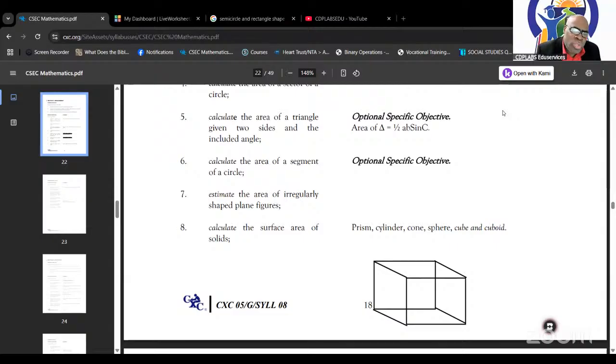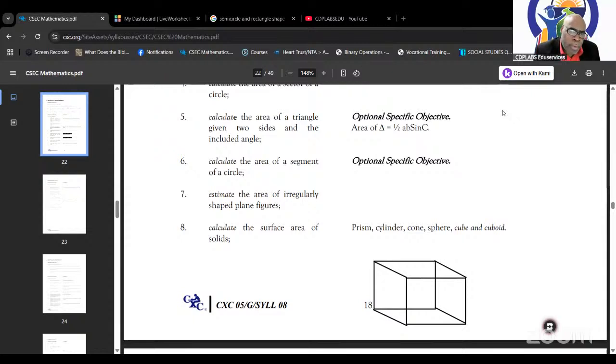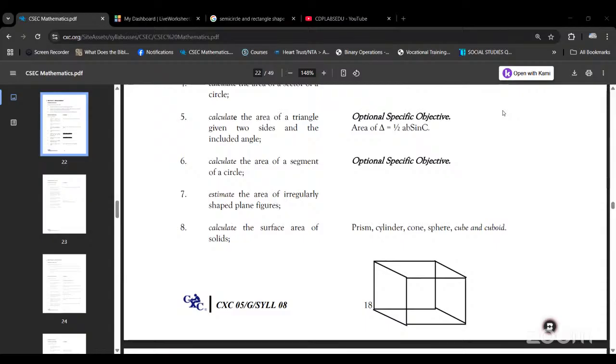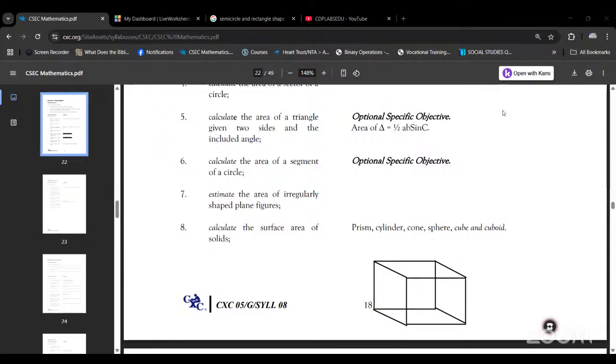If you were to use a sheet for a single bed, would it cover the double bed? No, sir. Why wouldn't it cover the double bed? Because the double bed would be two times the single. Yeah, so what does that mean?